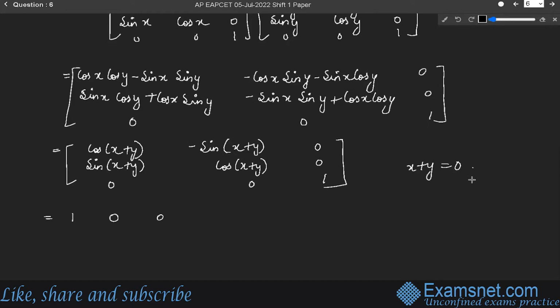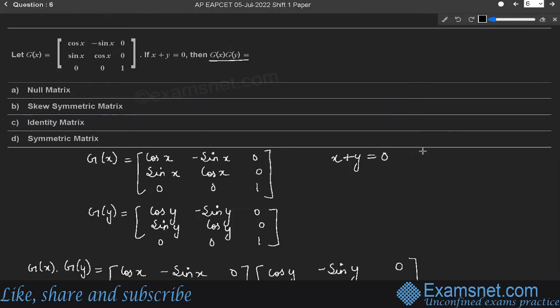Again, sin 0 will be 0 because we know that x plus y is equal to 0. Cos of x plus y is 1, and 0, 0, 0 and 1. You can see that after solving g of x into g of y, we get a matrix which is the identity matrix. Therefore, we can say that g x into g y is the identity matrix. So option number C is the correct option for the given question.